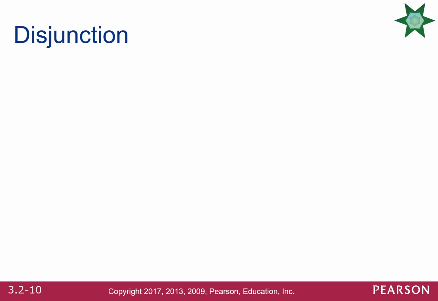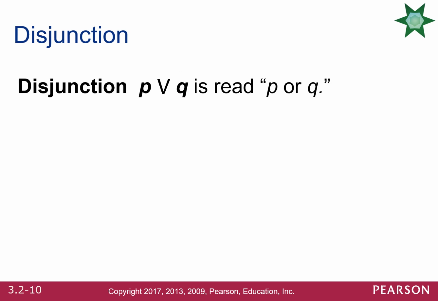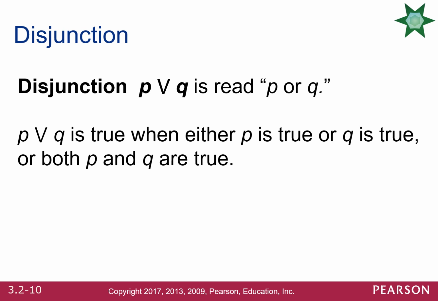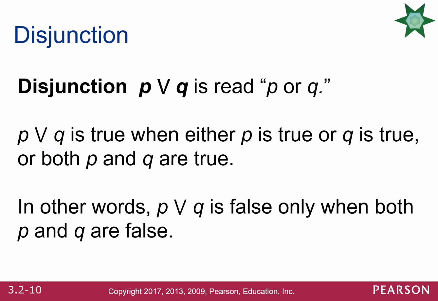Now, as far as statements involving disjunctions are concerned, which imply P or Q, all right, read as P or Q, the compound statement will be true when either P is true or Q is true or both P and Q are true. In order for the compound statement to be false, both P and Q should be false.